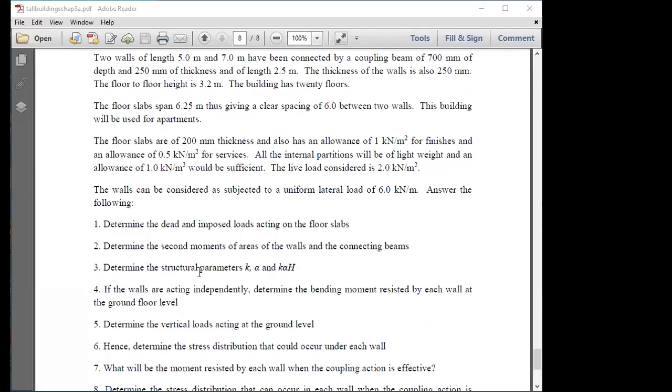Then we are asked to determine the structural parameters K alpha and K alpha H. We'll first find K squared, which is given by 1 plus A I over A1 A2 L squared.